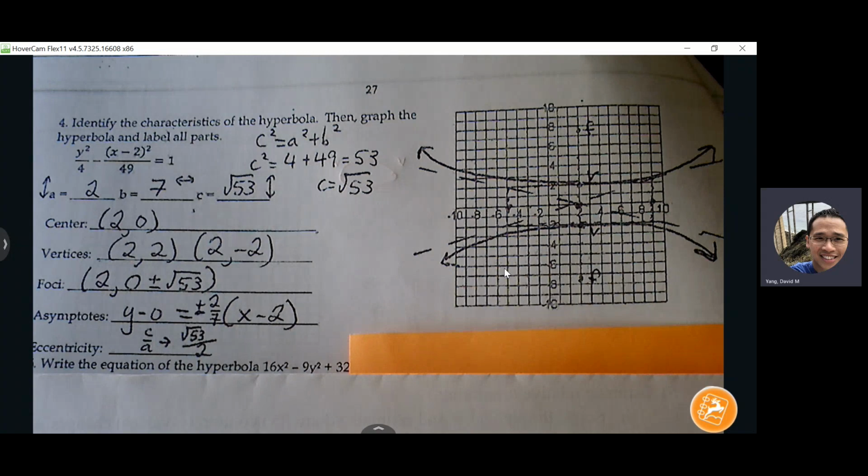Right. Yeah, so that's right. So transverse axis is at points. So transverse axis goes from vertex to vertex. So that will help you get to your a value.